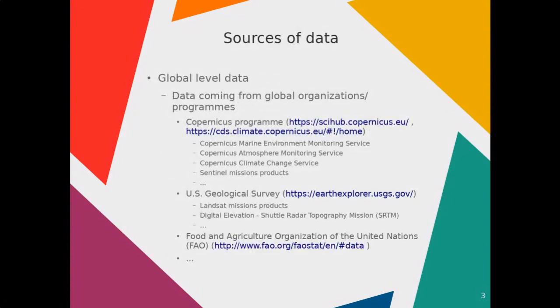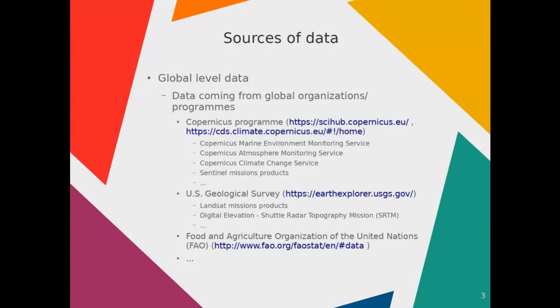If we speak about global level data, it's data coming from global organizations and global programs. For example, in Europe, the European Union puts lots of money into and promotes the Copernicus program, which is mostly run with the European Space Agency, for monitoring the world from Sentinel missions.